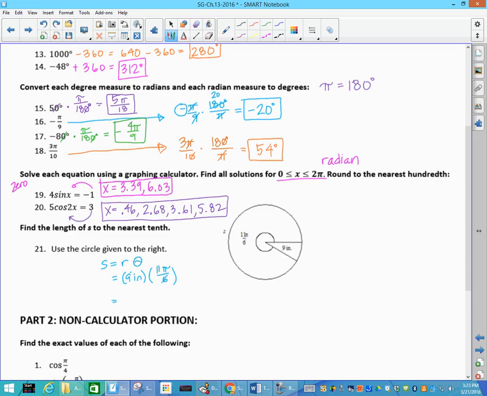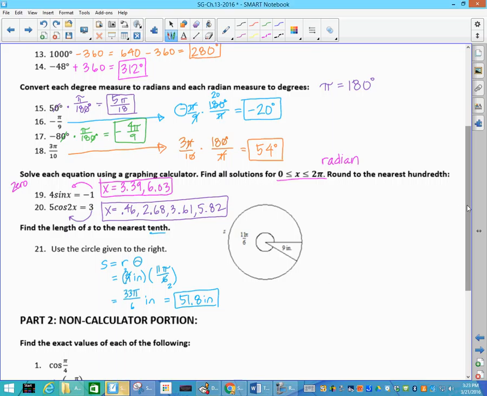I'm going to simplify that before I multiply. 3 goes into both of those numbers, so that gives me 33 pi over 6 inches. Put that in your calculator so you can round to the nearest tenth, because that's what the directions say. That's going to be 51.8 inches. Please make sure you remember your units on that.